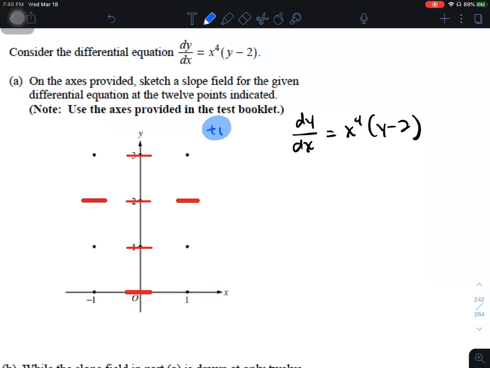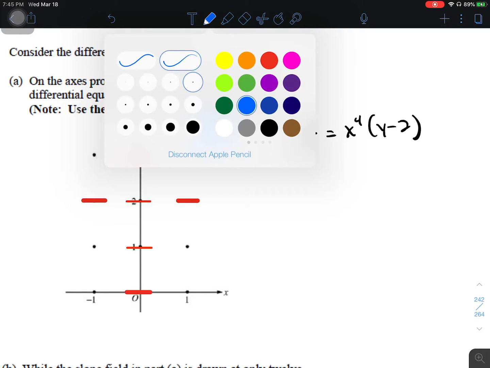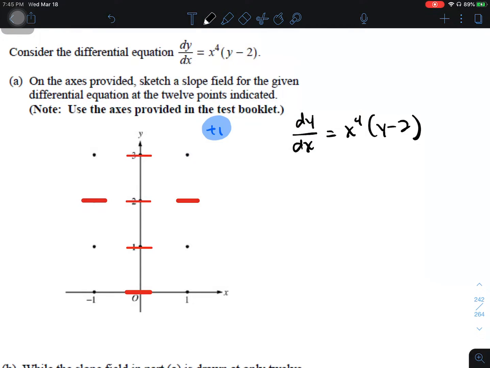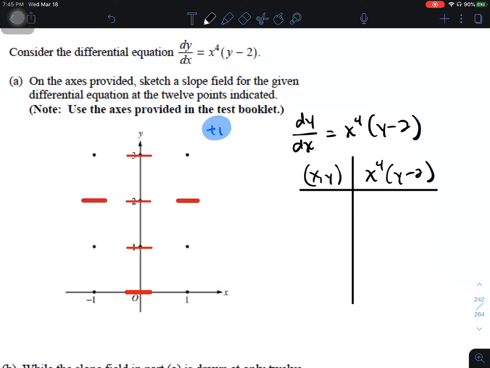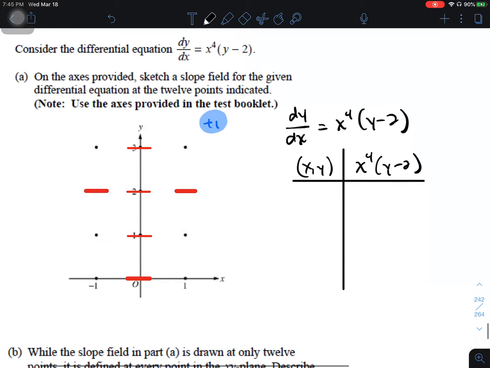Now let's do some ordered pairs for these other ones. The patterns maybe are not quite as easy. Let me sum up what I've done so far.